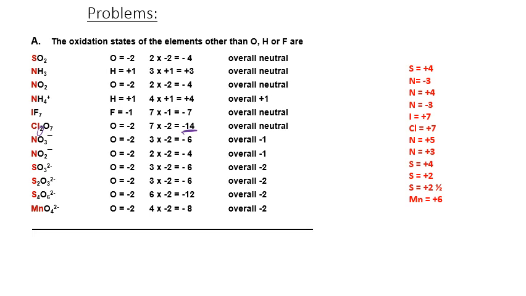In nitrate, nitrogen is +5, and in nitrite, nitrogen is now +3, a difference of an oxygen, which is -2. The sulfur in sulfite is going to be +4.